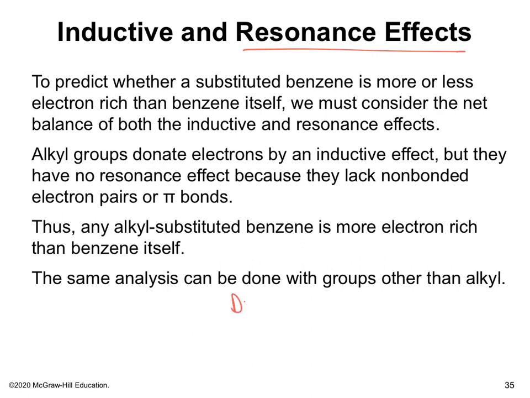for directing. We call these directing groups. You're going to find that electron donating groups, if they donate electrons into the ring, are ortho-para directors. And we'll talk about that.